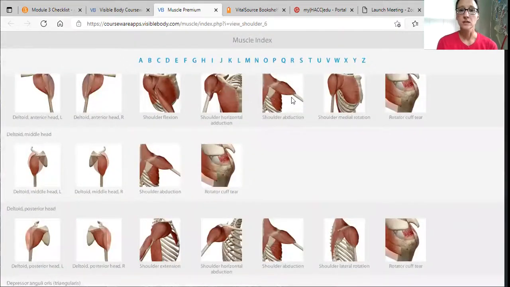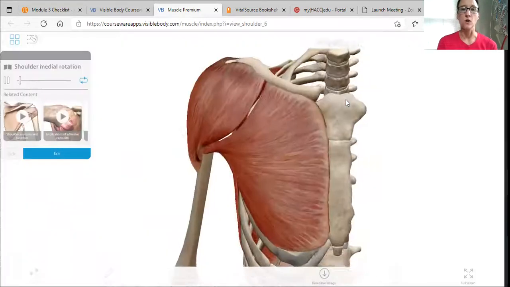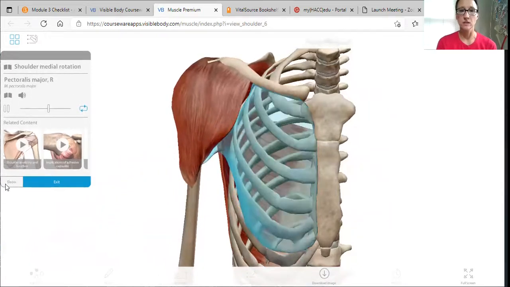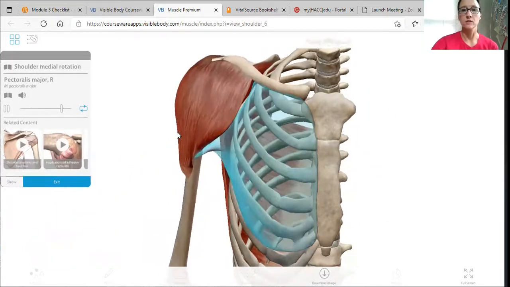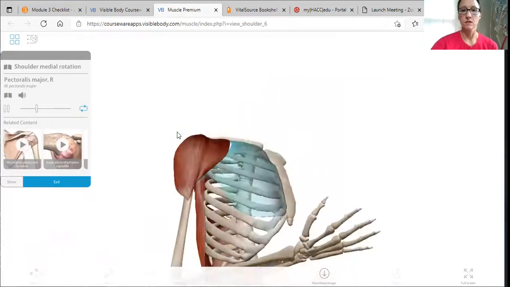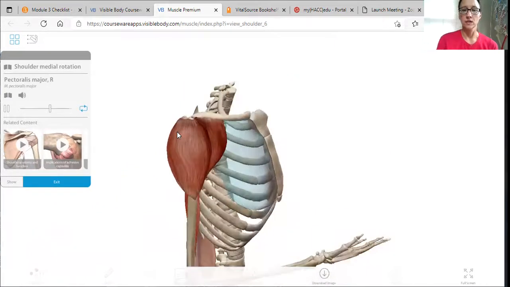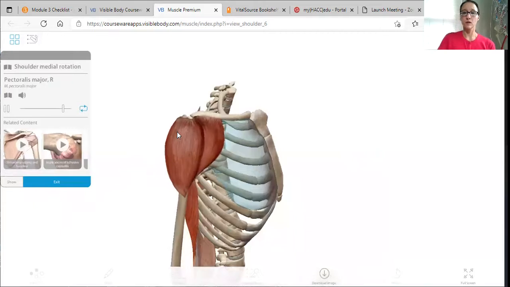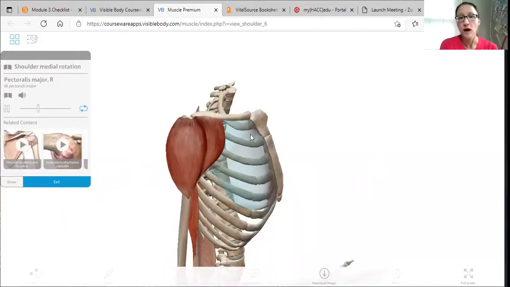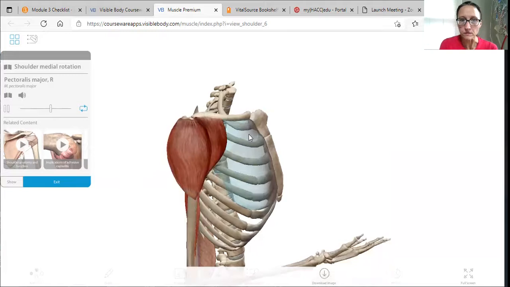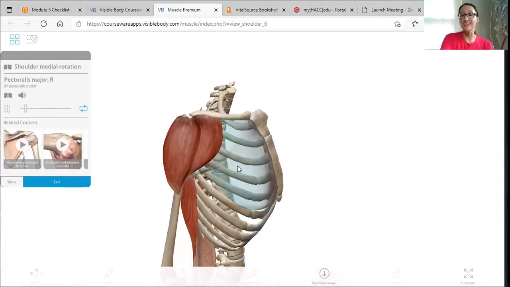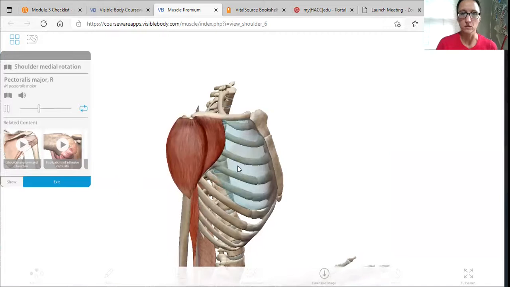Good. Let's take a look at medial rotation as far as deltoid is concerned. And again, I'm going to fade pecs here. And I'm actually going to make them a little smaller because I want you to see that the elbow is flexed, bringing the arm across in the front. I had shown you that because, remember, I said it's a little bit easier to see medial rotation if you have your elbow flexed, even though the elbow has nothing to do with medial rotation.